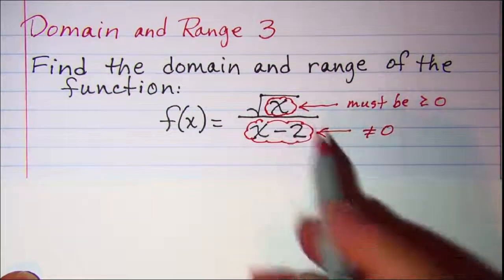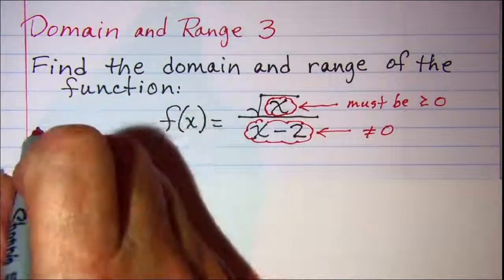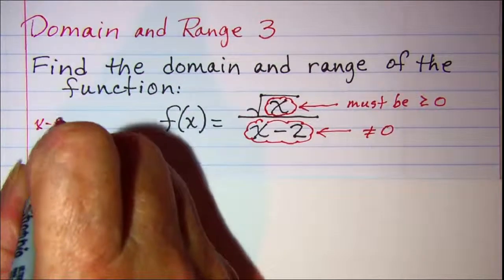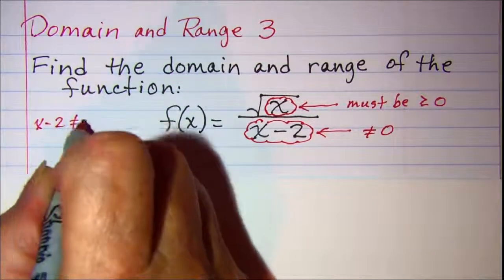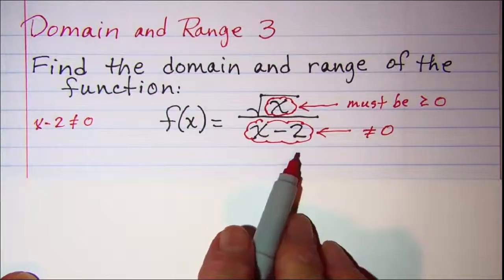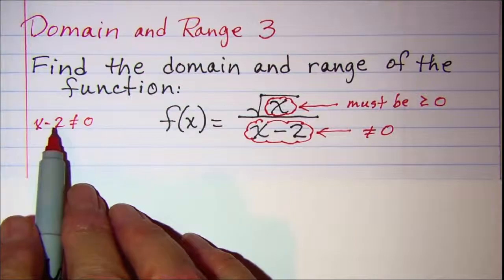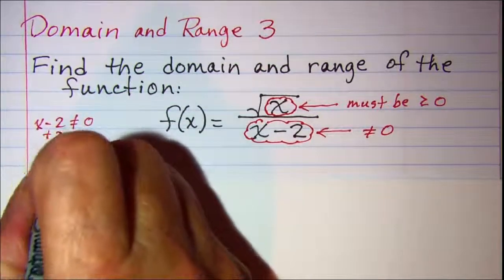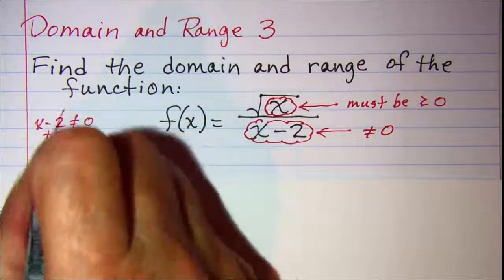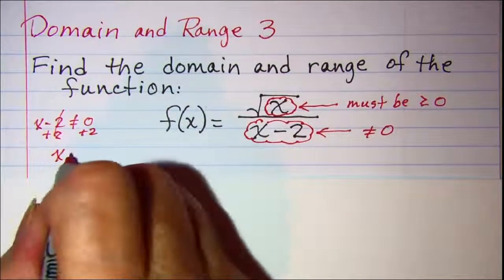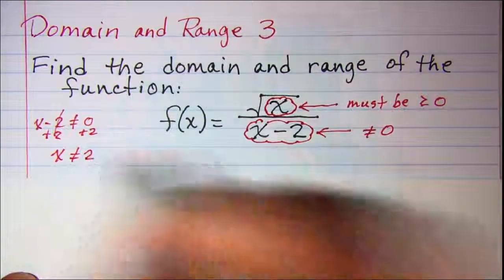So our two things then that we need to work with, let's solve this one, see what x is not equal to. Because x minus 2 cannot equal 0, we need to isolate the x, so add 2 to both sides. And we see that x cannot equal 2.